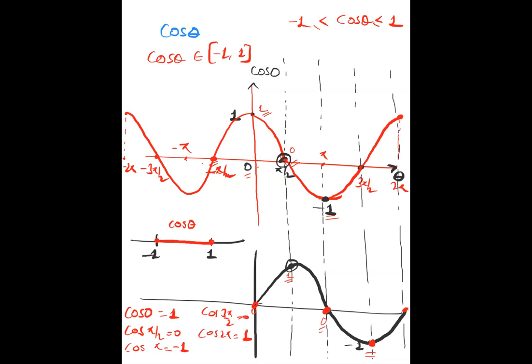Okay, so 1, 0, -1, 0, 1 like that. It's going 1, 0, -1, 0, 1.